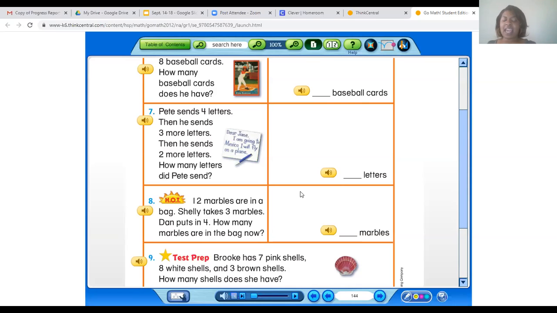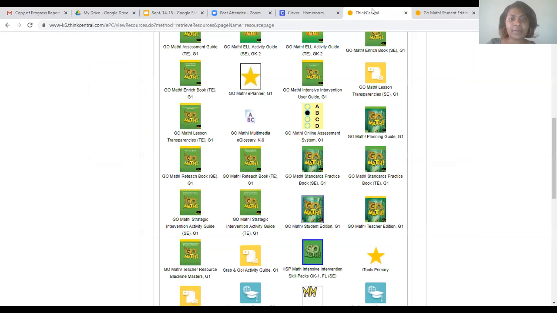All right, and I'm pretty sure that you guys can do the rest on your own. So keep practicing. I want you to get your standards practice book. And we are going to look on page P67. So let me show you what that looks like.